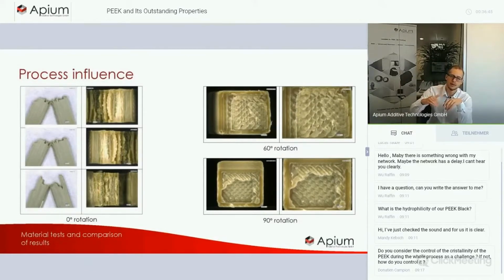And then we can say we have very good layer adhesion. But if we don't have this kind of layer adhesion, we can already see, for example, on the right side, the Charpy tests where they have been hit through in the middle. We can see that the layers were just breaking by themselves.